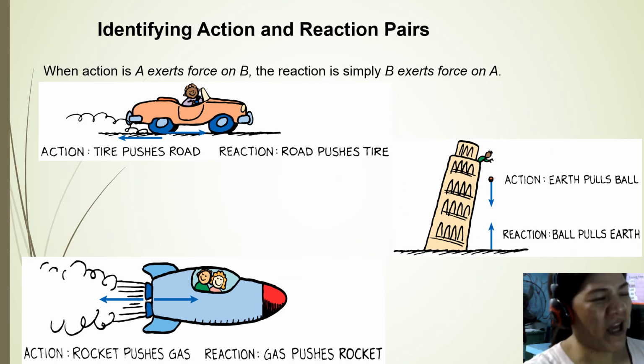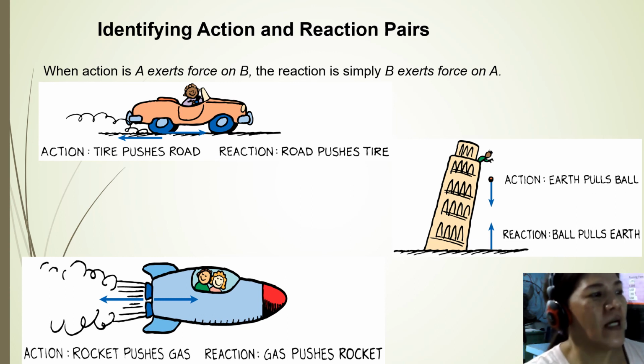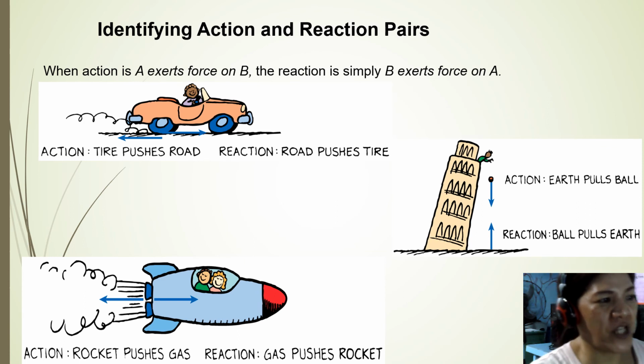Okay, so I have here some situations about action and reaction pairs. What you are going to do is identify which one is the action and which one is the reaction. If the action is A exerts force on B, then the reaction is simply B exerts force on A. Now, the tire pushes the road and the road pushes the tire.